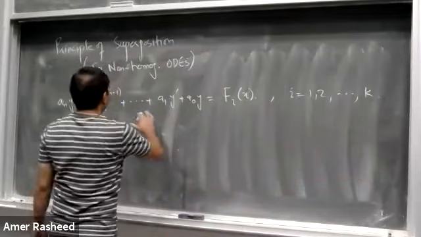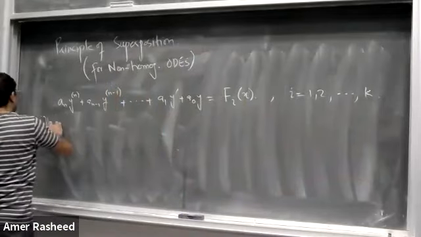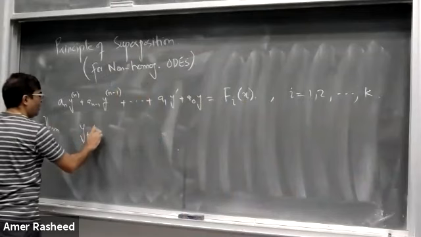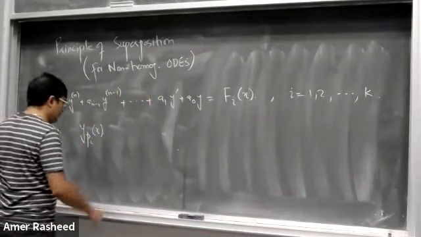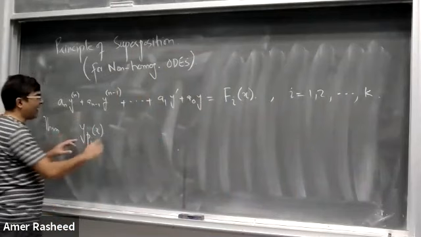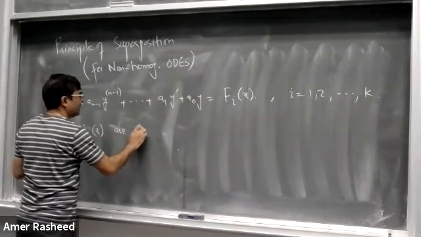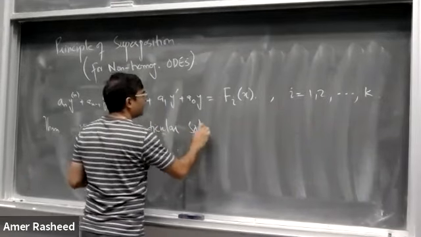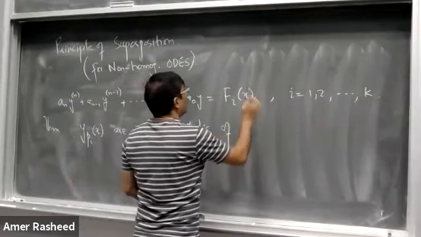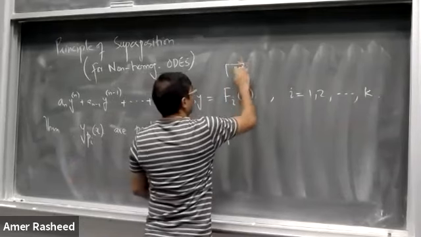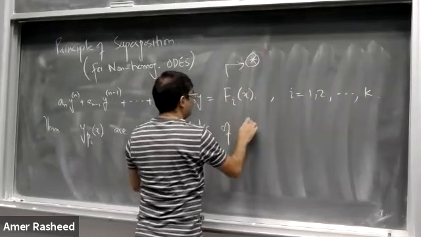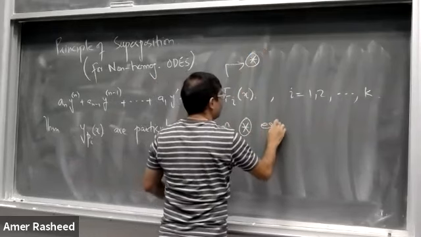Then we have ypi of x. The ypi of x are particular solutions of these k equations, these star equations.